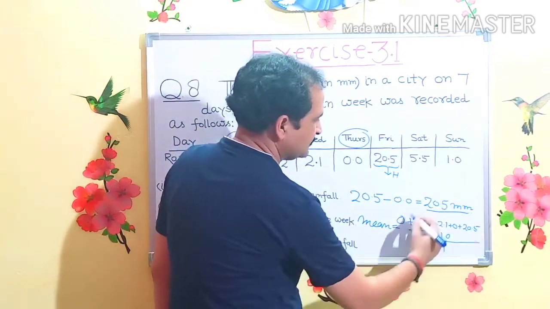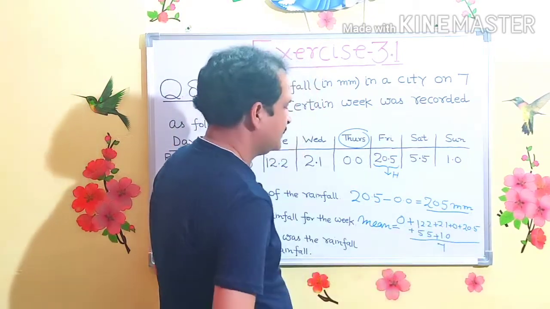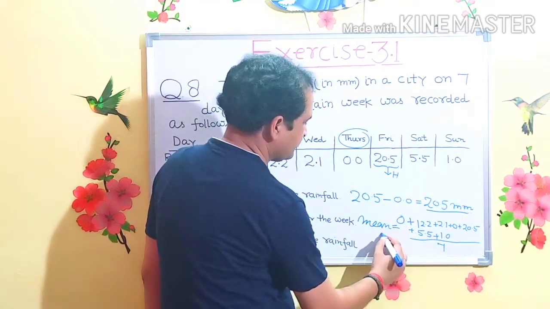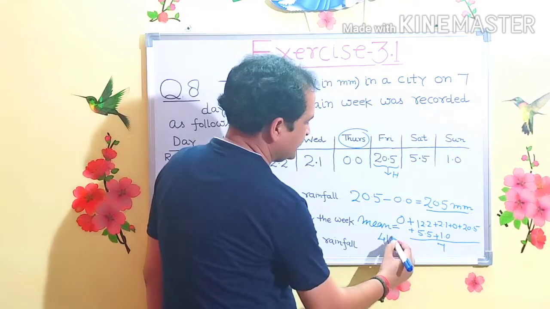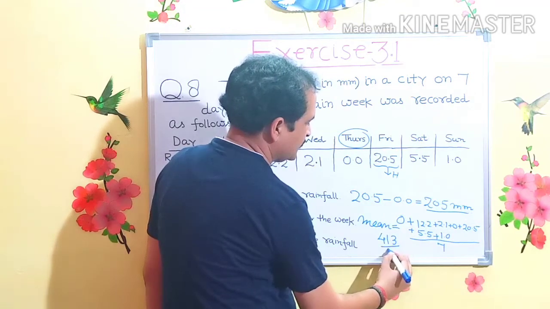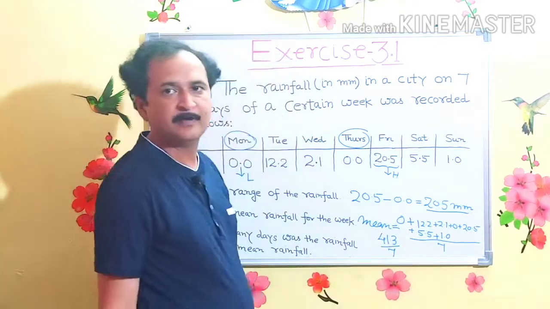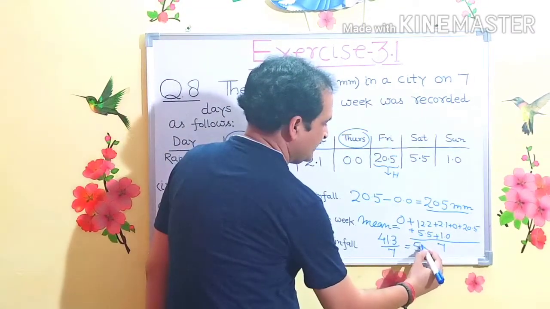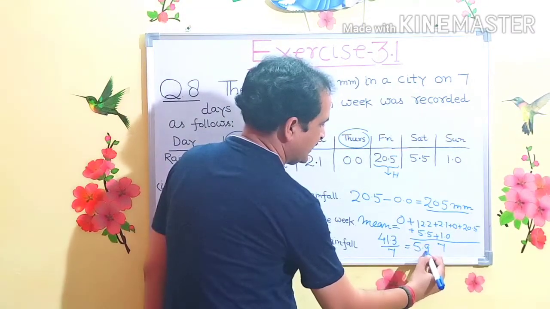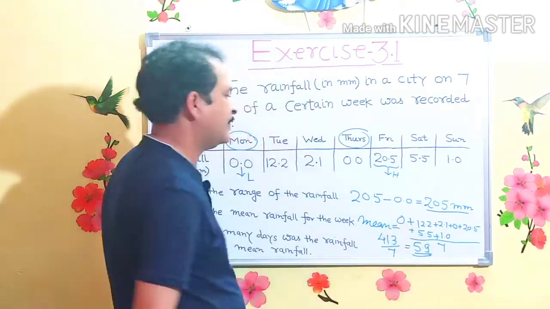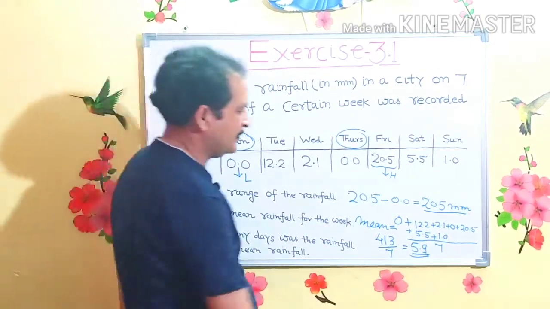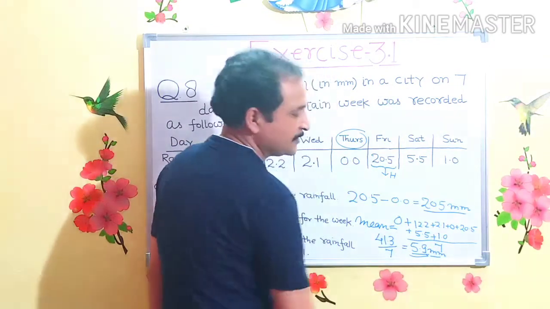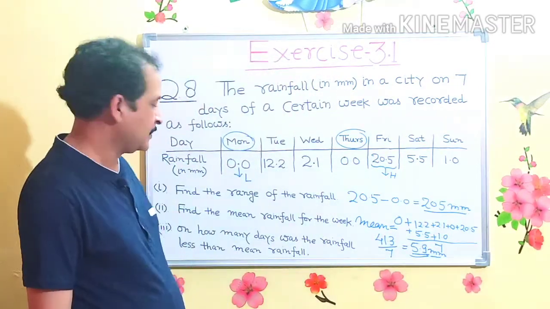If you sum all these data, the sum of all observations is 41.3. So 41.3 divided by 7 is equal to 5.9. So 5.9 mm rainfall is the mean or arithmetic mean of this problem.